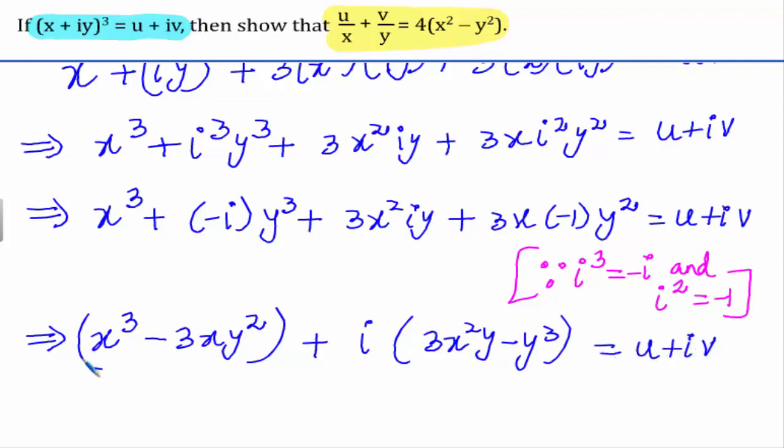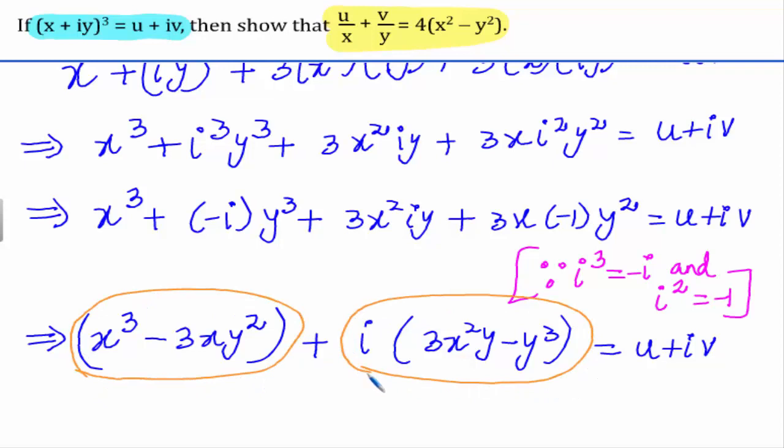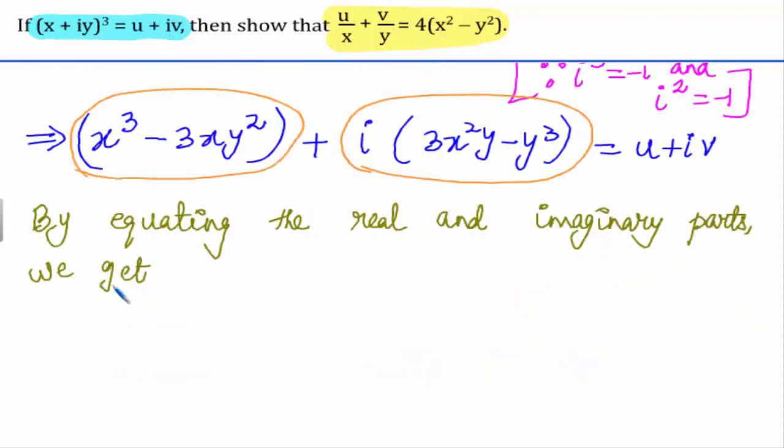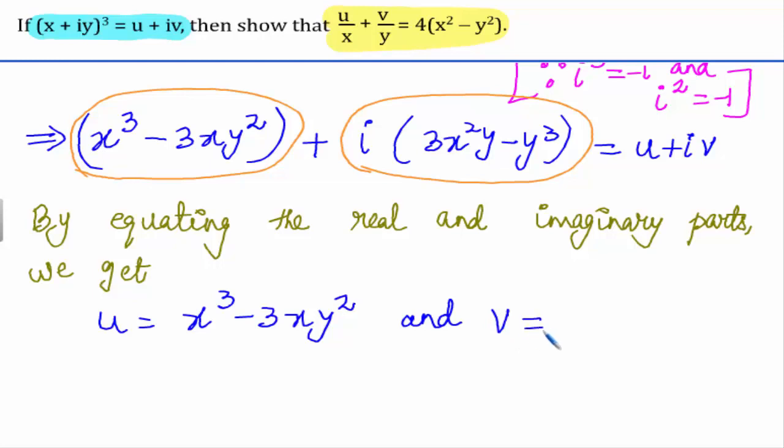Here we have separated the real and imaginary parts. By equating the real and imaginary parts, we get u is equal to x³ − 3xy² and v is equal to 3x²y − y³.